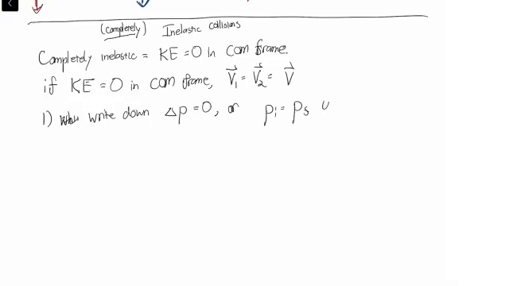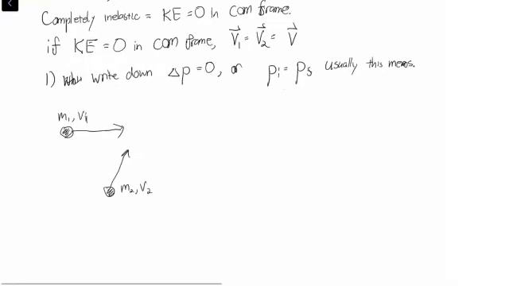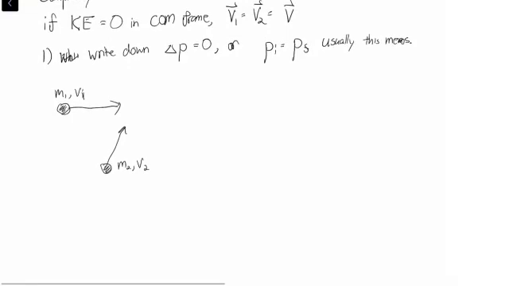And usually this means writing down, basically, imagine we have some objects here, M1, V1, M2, V2, right? So this is the initial condition.